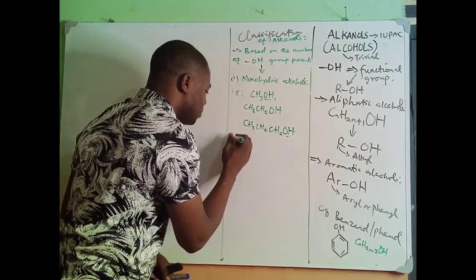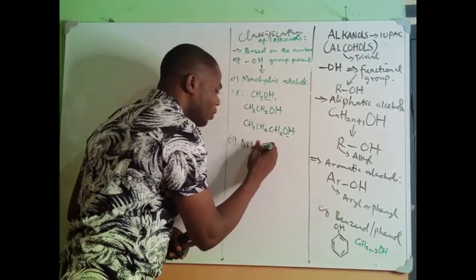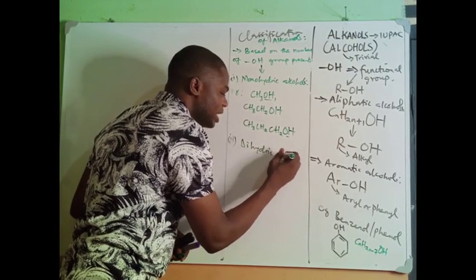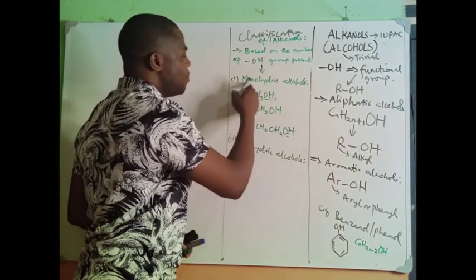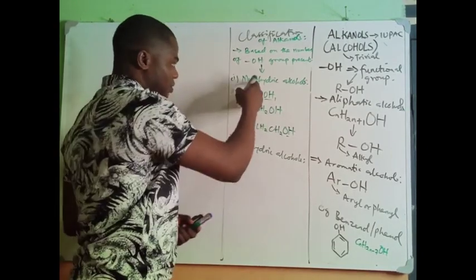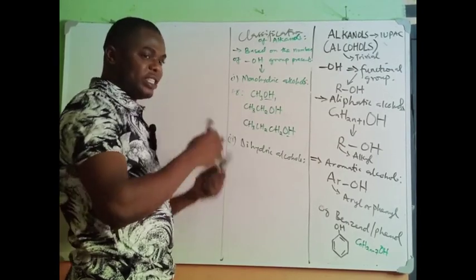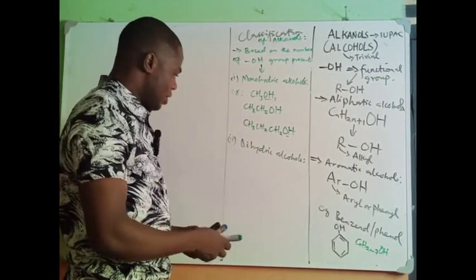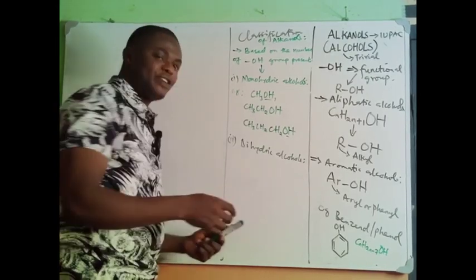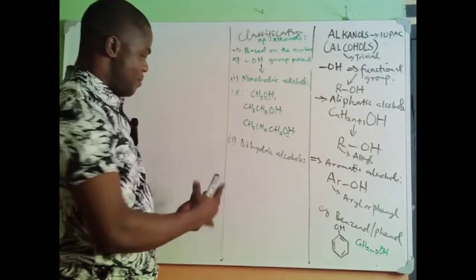Then the second one, based on this, is what we call dihydric alcohol. Just like the name, mono means one, so monohydric is one OH functional group present in the alcohol. Here, dihydric means two, so there are going to be two OH functional groups present.